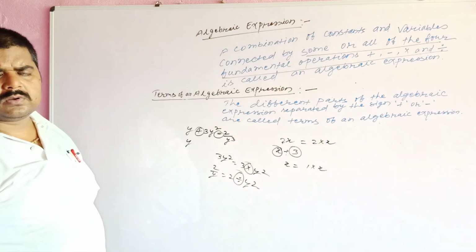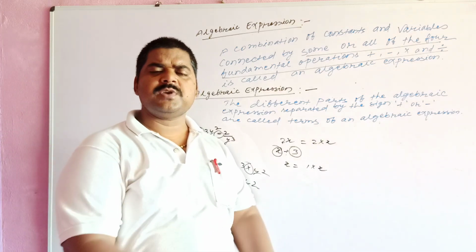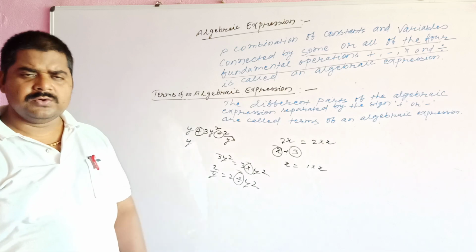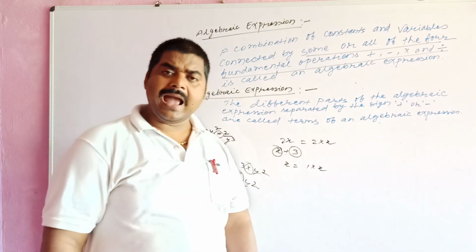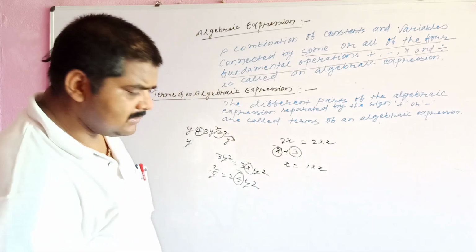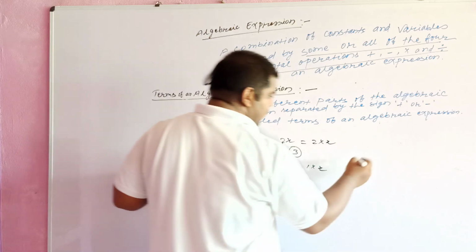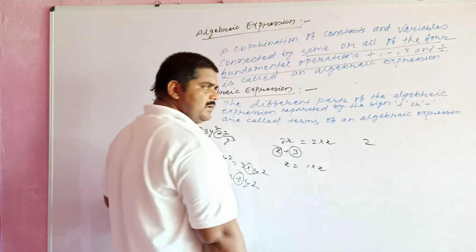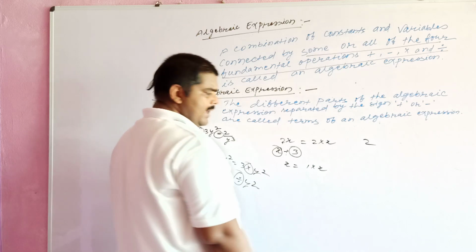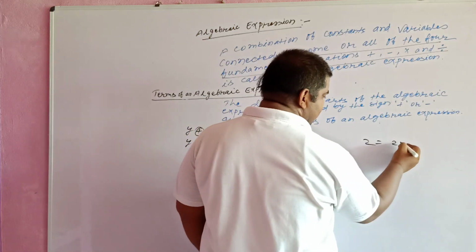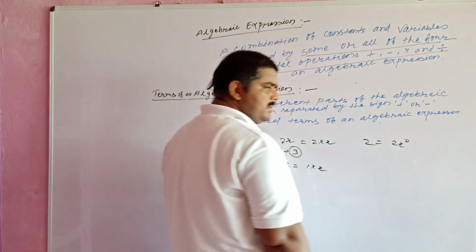So all four basic operations may be given in the questions. All these are algebraic expressions. Even 2 is an expression, a constant one, because 2 can be written as 2x to the power 0.